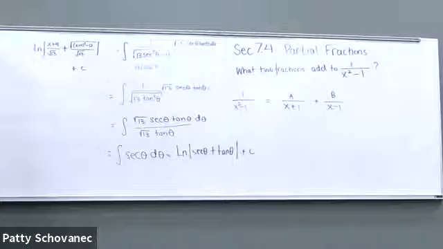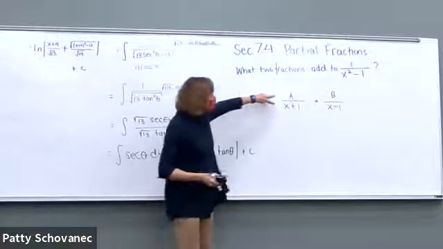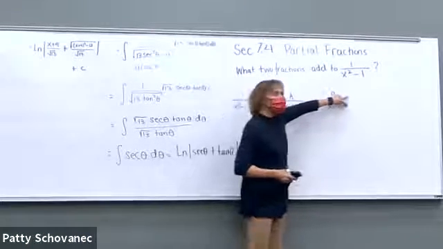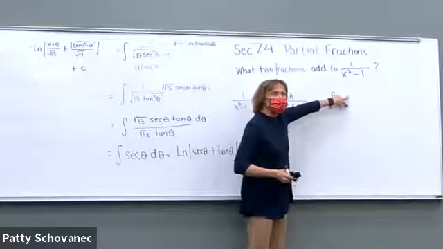So I'm going to now try to figure out the constants. I'm going to go ahead and get the common denominator. The common denominator is found by multiplying this fraction by x minus 1 over x minus 1, and multiplying this fraction by x plus 1 over x plus 1.